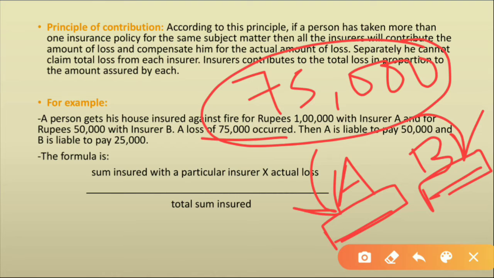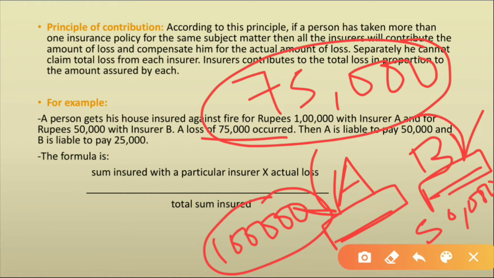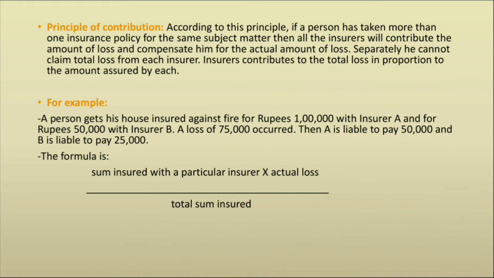For example, with A he has taken an insurance policy of 1 lakh rupees, and from B an insurance policy of 50,000. So from A he has taken the policy of the higher amount, so definitely A will pay him more than insurance company B.